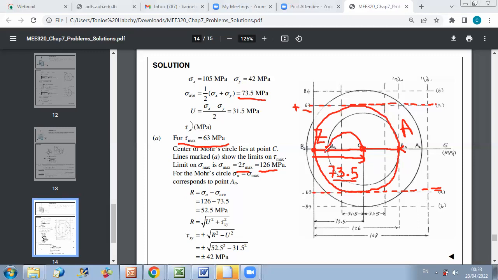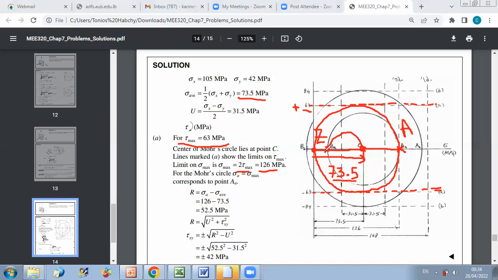Okay, so since B is on the positive side, and A is already on the positive side because sigma A is sigma maximum, then I can be sure that both A and B are on the positive side from the origin. And this is why, in case both sigma A and sigma B are positive, the maximum radius will correspond to circle AZ.